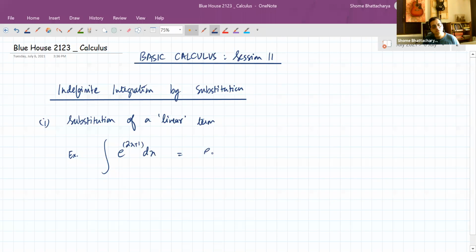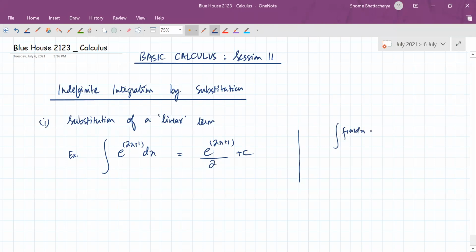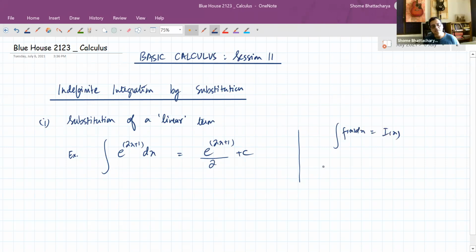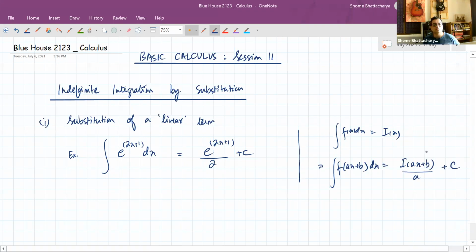This directly becomes e raised power 2x plus 1 divided by 2 plus c, because we had the general formula that if integration of f(x) is I(x), which is the antiderivative, then integration of f of ax plus b with respect to x comes out to be I of ax plus b divided by a, plus c.